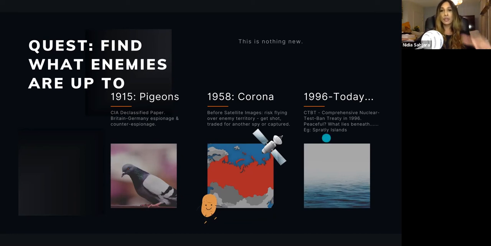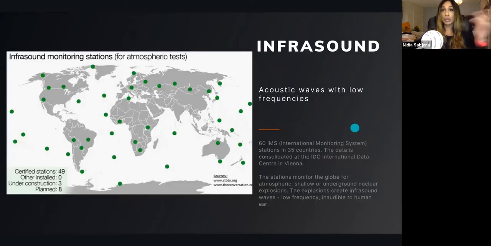So you want to find a way to do detection from a long distance, because for some of the seismic methods, you can do detection, but the further away you get, it's very difficult to differentiate noise from an explosion or an earthquake. So everything can just sound like noise. So let's go back to the detection.